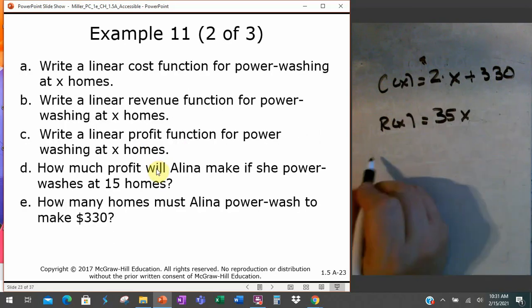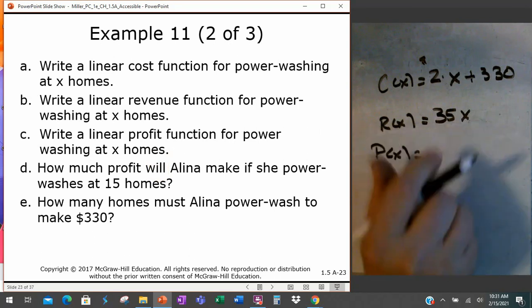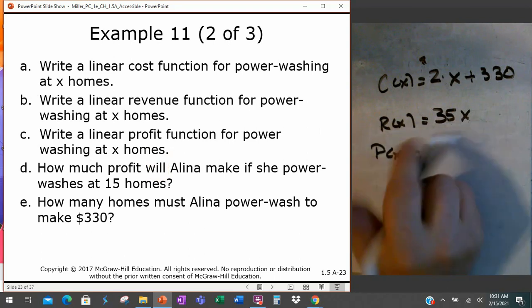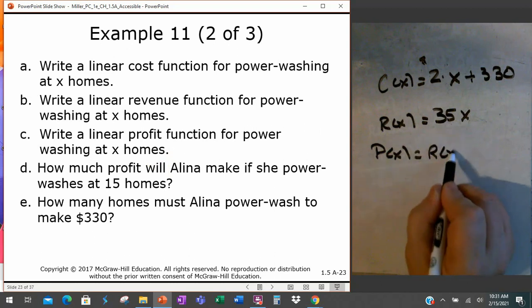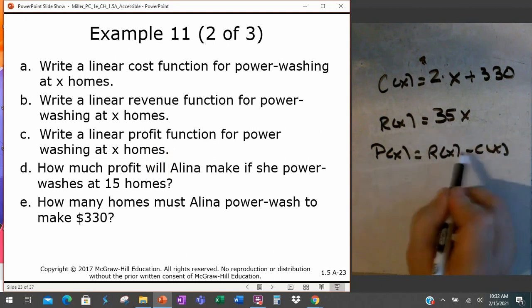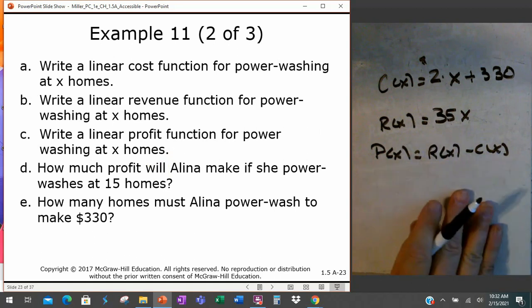Now we need a profit function. We just have to recognize that we want revenue to be positive. When our revenue is greater than our cost, we've made a profit.